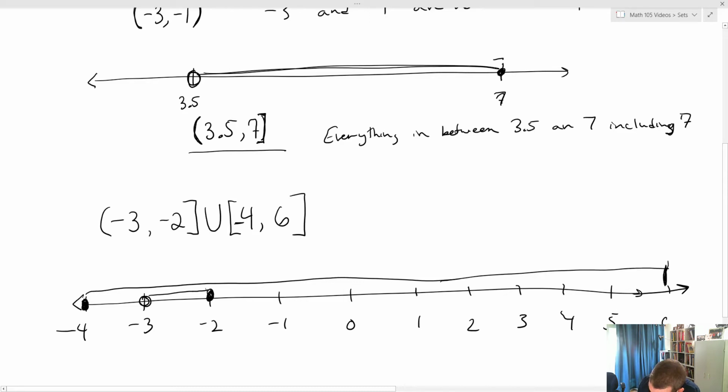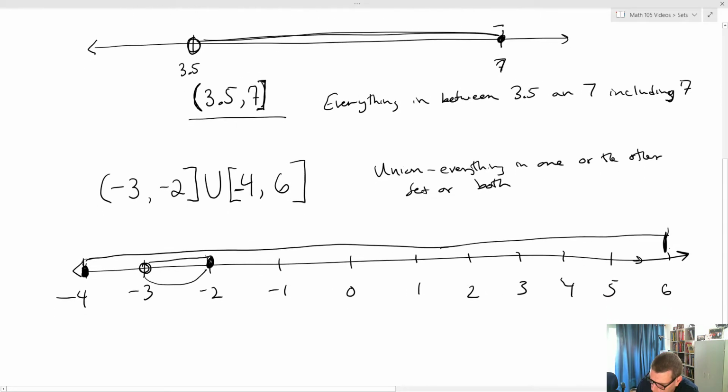Now, if you remember, the union means everything that is in one or the other set or both. And it still means the same thing. So if we look here, going from -4 to 6, we've got everything including -3 to -2. So basically -3 to -2 is like a repetition, the redundant part. Consequently, this union is simply -4 to 6. It's just that piece, because -3 to -2 is included.